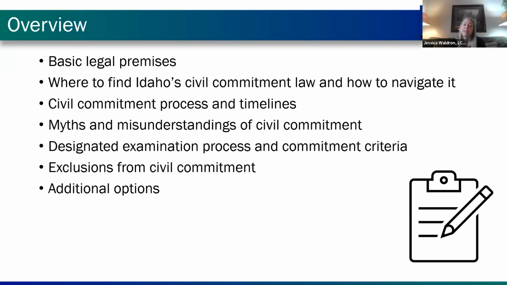We'll cover some myths or misunderstandings that we often hear about civil commitment, and I'll go over the DE process and the commitment criteria that we look for, as well as some exclusions from civil commitment that the law actually outlines, and then some additional options that we talk with families about that maybe fall in that exclusional area.